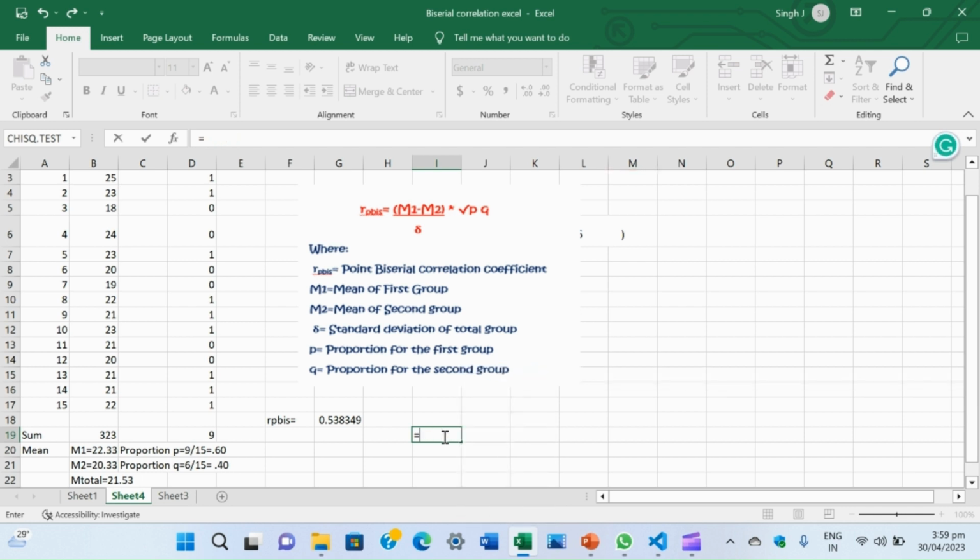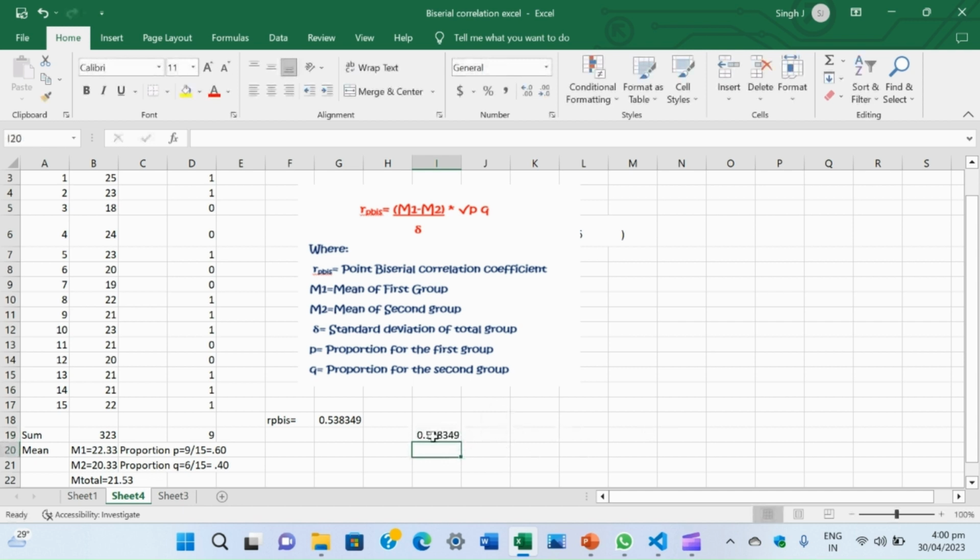The value of M1 is 22.33, minus M2, 20.33, multiplied by the square root, SQRT, of the first proportion P, that is 0.60, multiplied by the second proportion 0.40, and close the bracket, and then divide by the standard deviation, that is 1.82, and click.